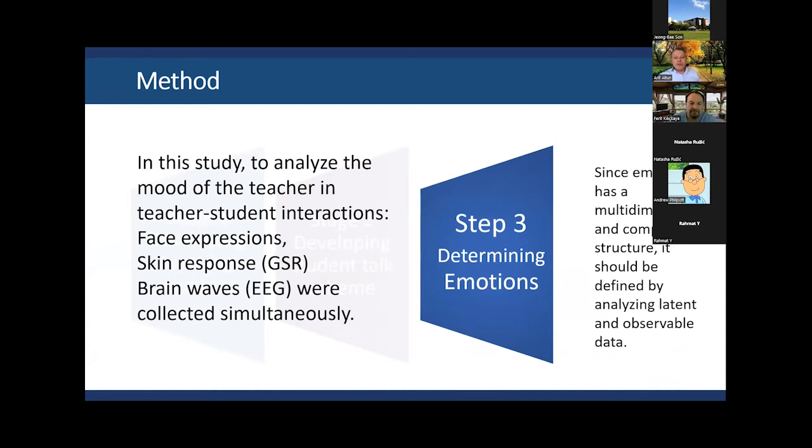Another challenge was to detect prospective teachers' emotions when they respond to AI-based agents. So we used different tools to observe it. One of them was face expressions.